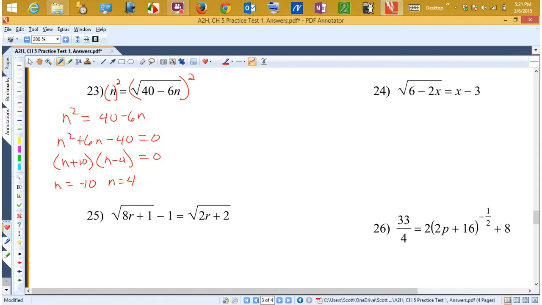Let's check that. So let's check negative 10. Plugging that in, I have negative 10 is equal to the square root of 40 minus 6 times negative 10.